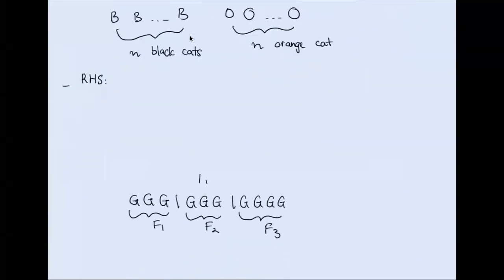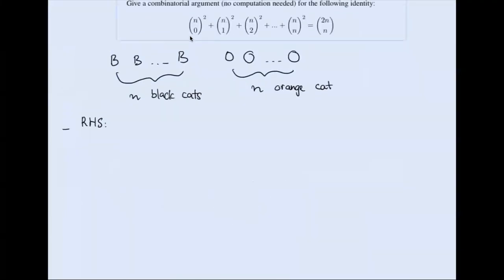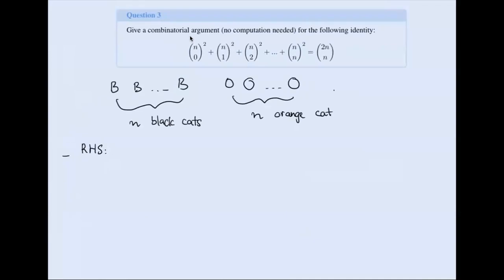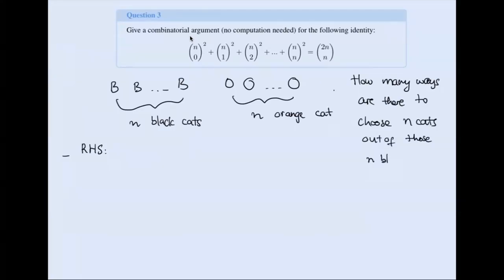Okay, so the question that I want to answer is how many ways are there to choose n cats out of those n black cats and orange cats.